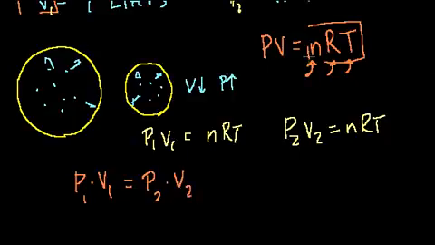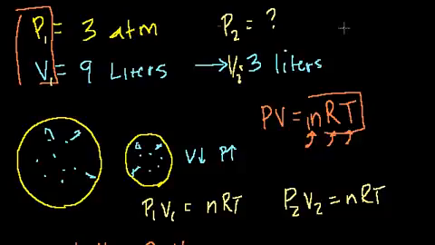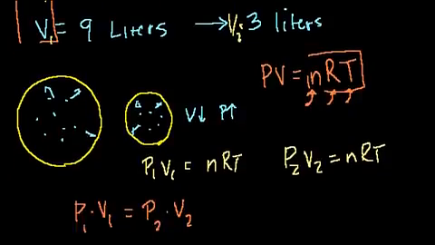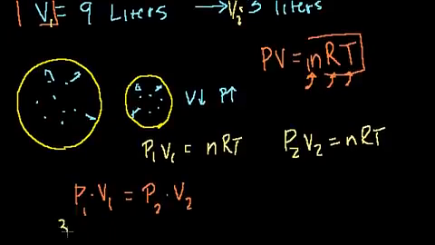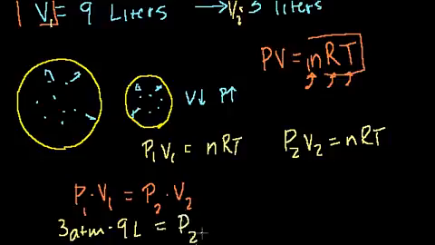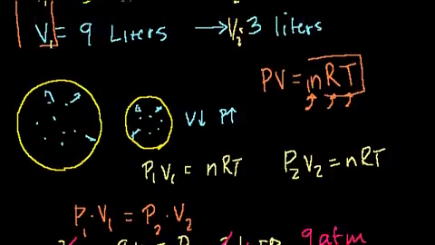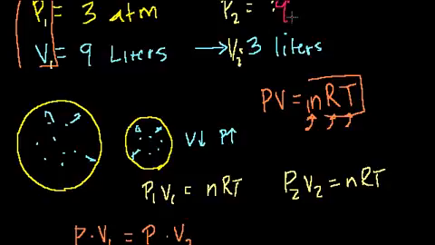P1, our initial pressure, was 3 atmospheres. So we have 3 atmospheres times 9 liters equal to our new pressure times 3 liters. If we divide both sides by 3 liters, they cancel out, and we're left with 9 atmospheres.